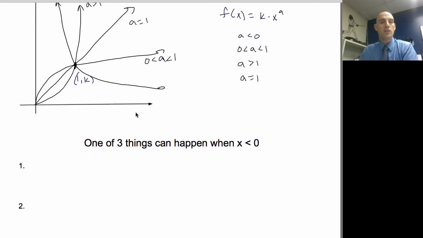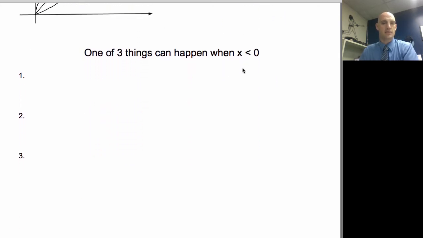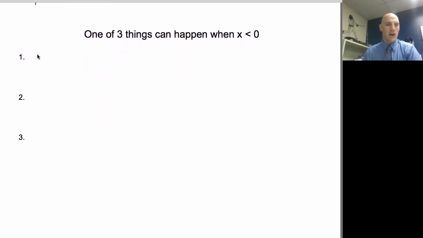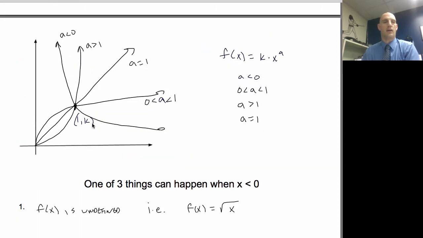So only 3 things can happen when x is less than 0. f of x is going to be undefined. What am I talking about? I'm talking about my domain now. So check it out.